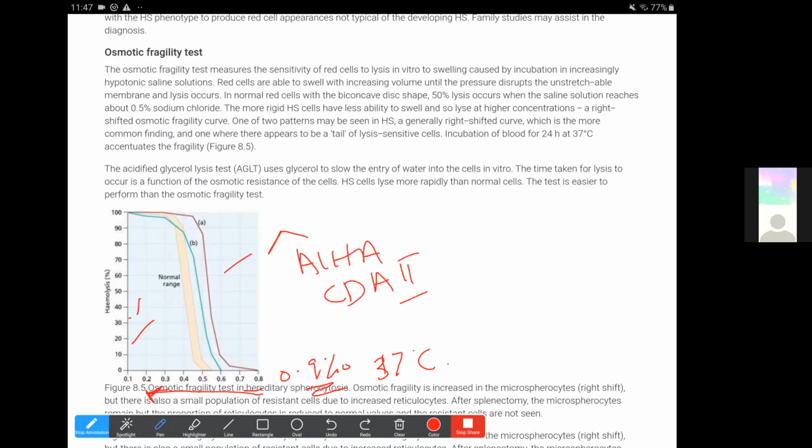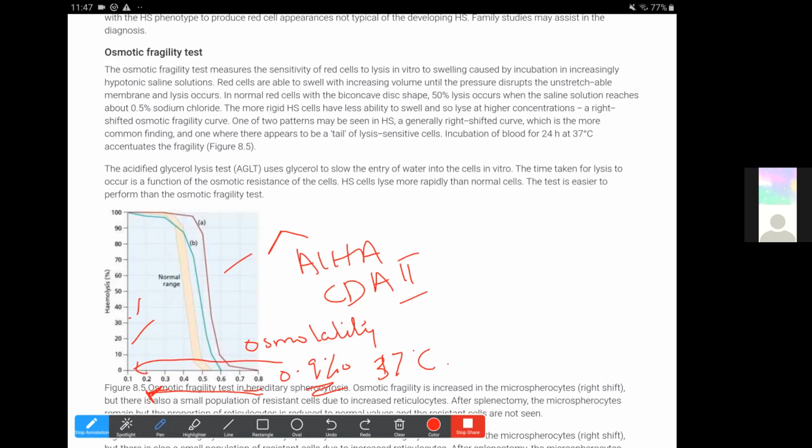So as the osmolality is decreased from 0.9, as we go to 0.1, there is decreasing osmolality, or increasing hypotonicity.